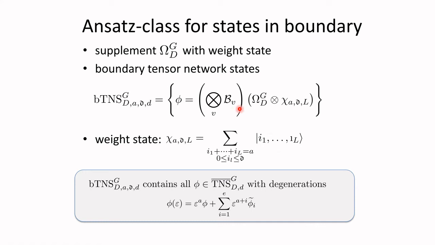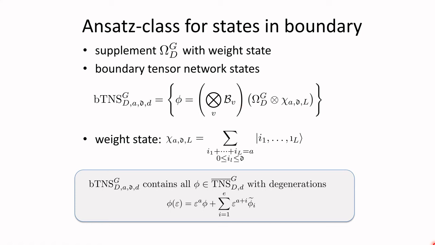You could think about this as a relaxation of the condition on the local B_V, because if we insisted that they arise from a degeneration, we would have to check system-size many non-local constraint equations. Basically we drop this part, which enlarges the set of states that we can represent a bit, and at the same time makes optimization over the set efficient, which we will see in a second.